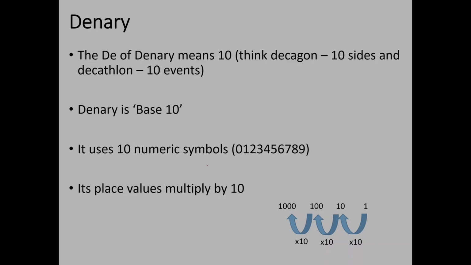Now place values are again what you would have been taught very early on in your life. You start with the units column and then you times that by 10 and you get the next column or place value. If we times that by 10, we get the next place value, and if we times that by 10, we get the next place value. And we can use any of these 10 symbols under these place values.